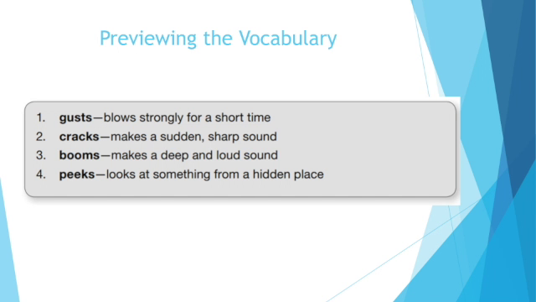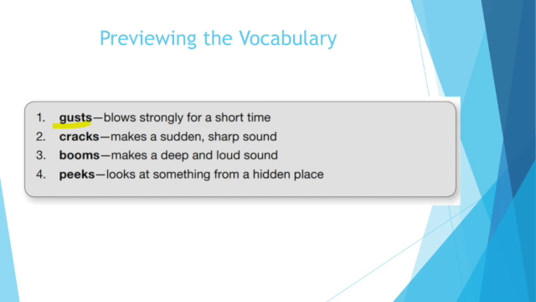Now let's go over our vocabulary that we're going to encounter in this story. Remember, knowing the vocabulary means that you're understanding the story better. Please repeat the words after me. Our first vocabulary word is gusts. Gusts means to blow strongly for a short time.